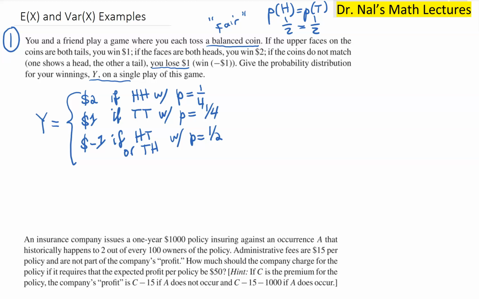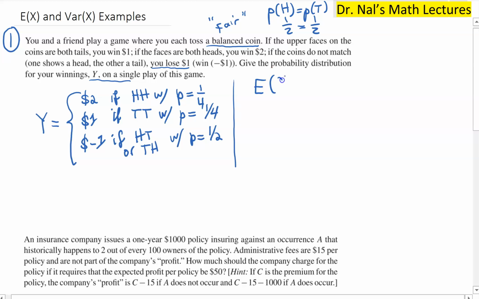What would be more interesting, given our random variable y, which is our winnings in a single play of the game, is what is the expected winnings? That's what I want to hear. What is the expected winnings?